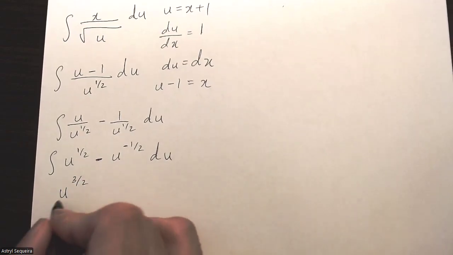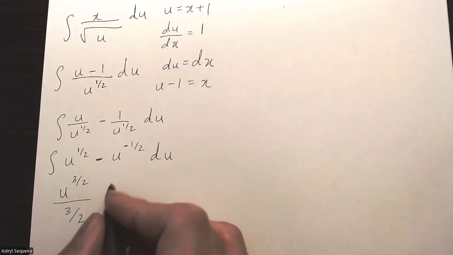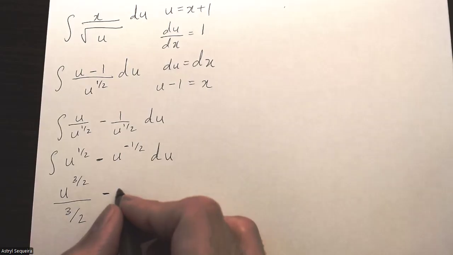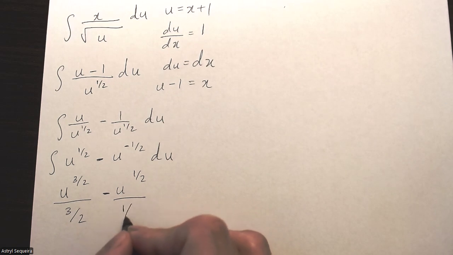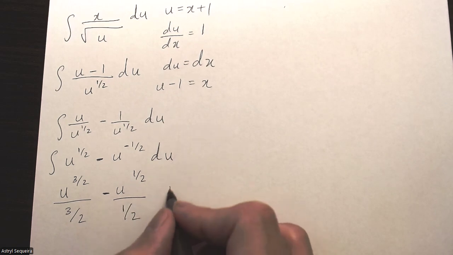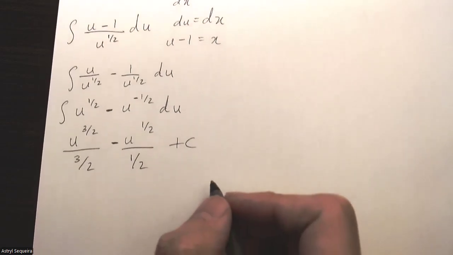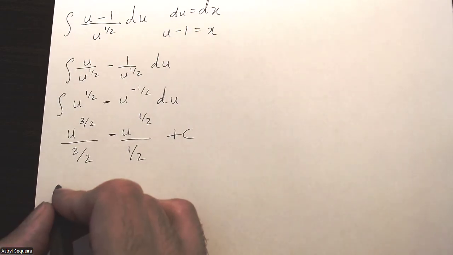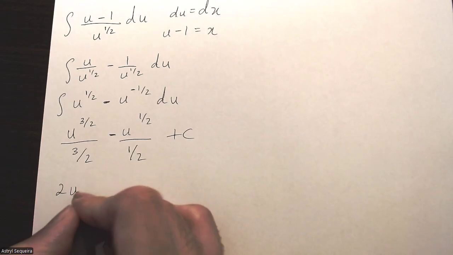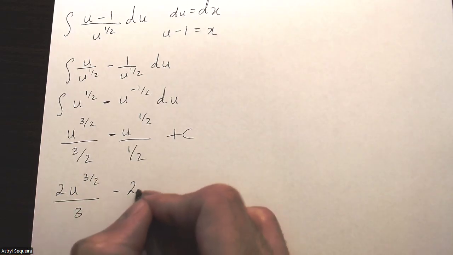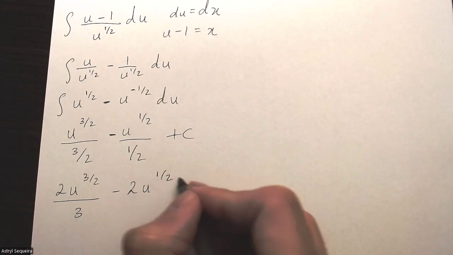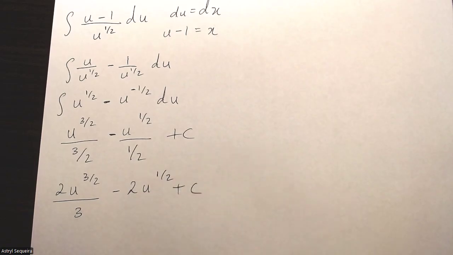It's just u to the 3 over 2 divided by 3 over 2, minus u to the 1 over 2 over 1 over 2, plus c. Then I can just simplify these fractions. And then last step is to just substitute my u back into this question.